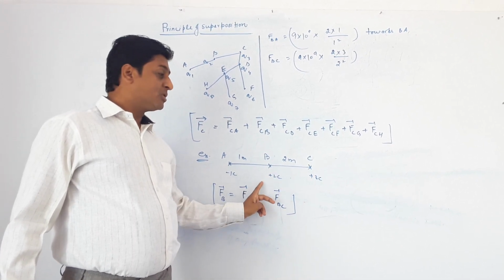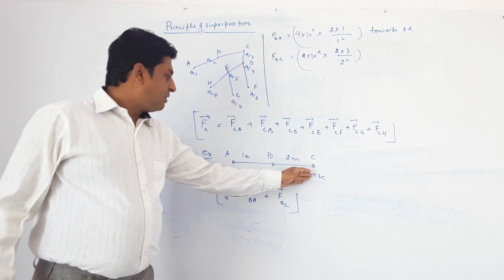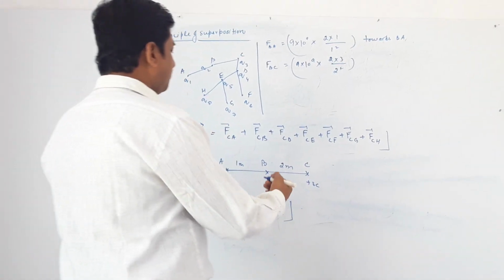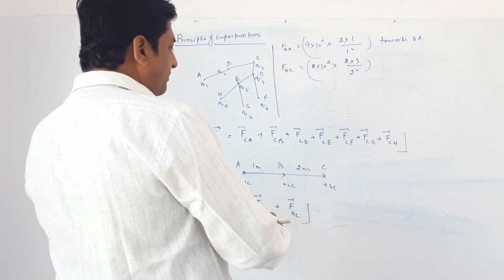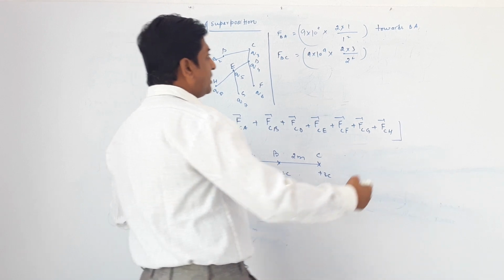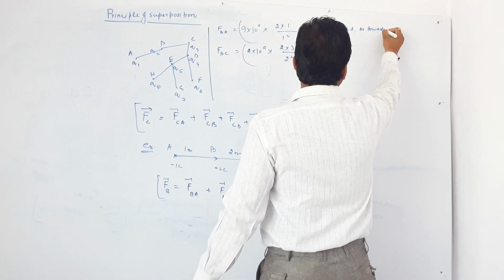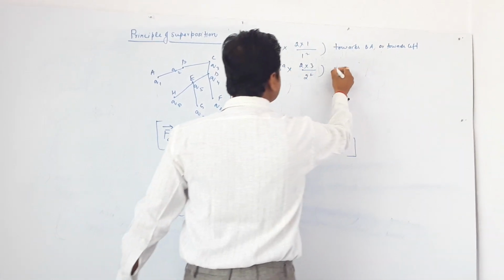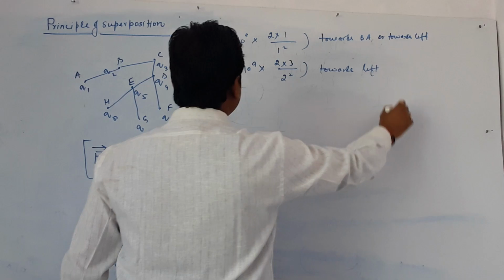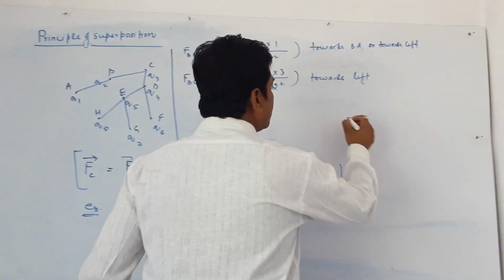You can see both are positive, so C will repel. So if C repels, where will it go? If you see the figure like this, it will go towards the left, your left side, and for the first one also towards BA, or you can say towards left, here also towards left.